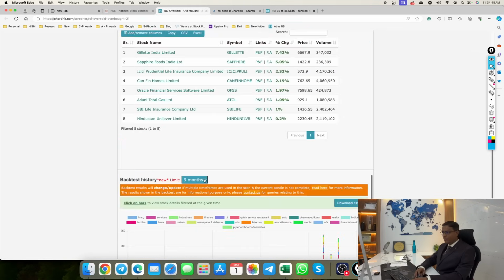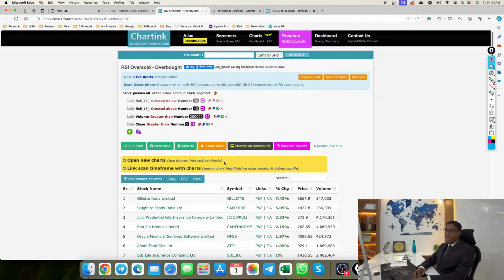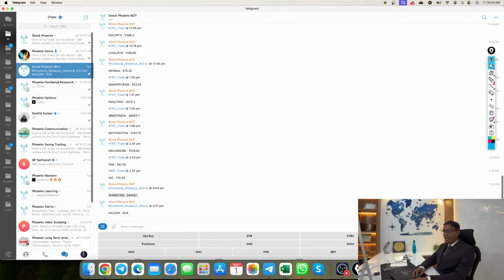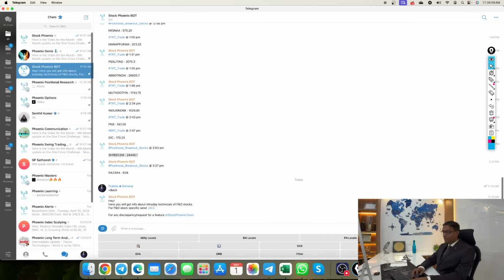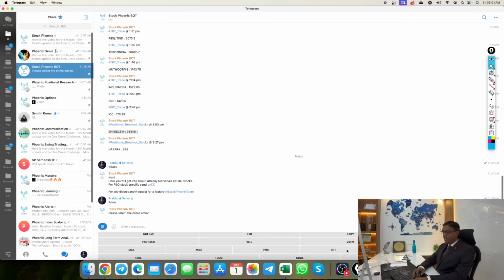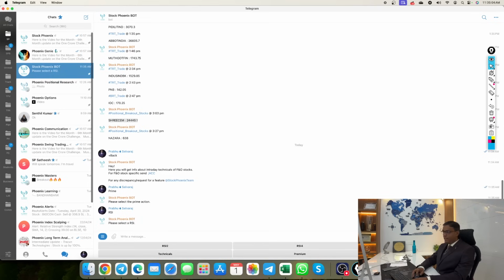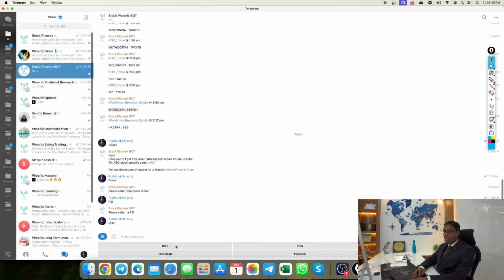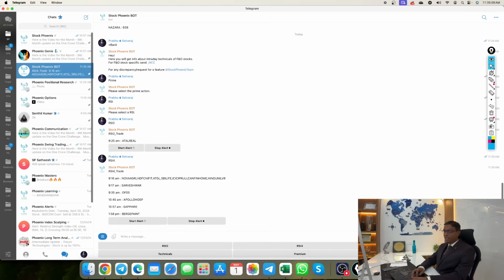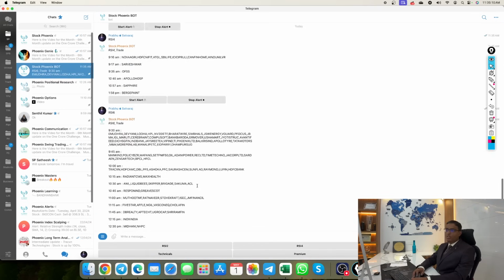I run this. So either you can run the scan manually in the market, or you can go back and enable the prime section. Okay, in the RSI you can RSI 20, RSI 40, RSI 60, you can enable whichever you need.